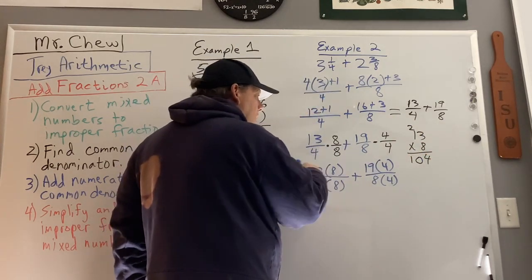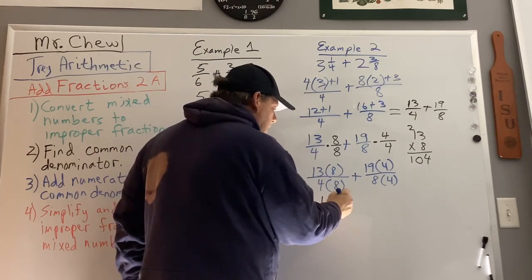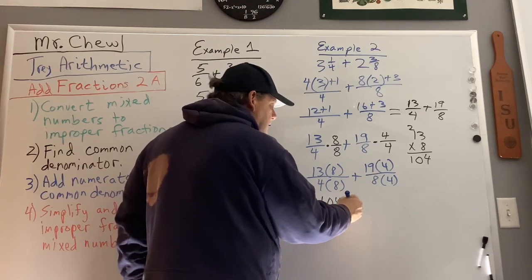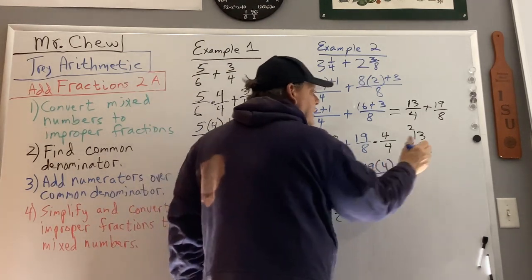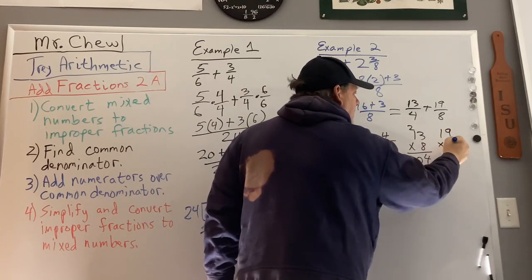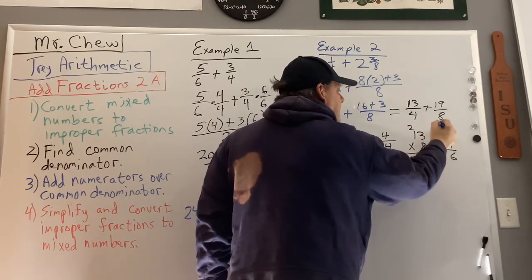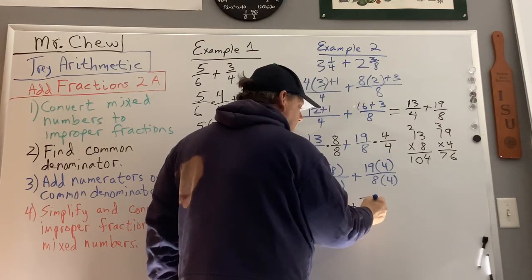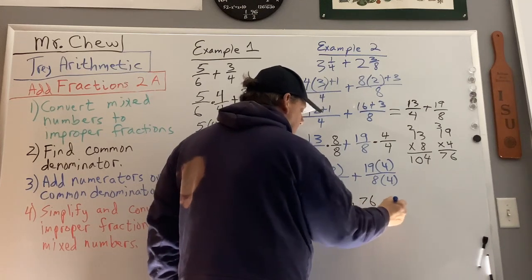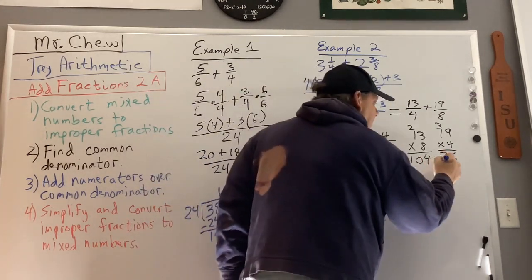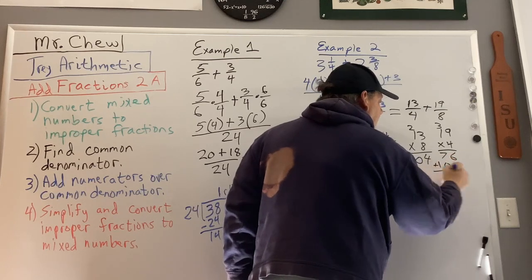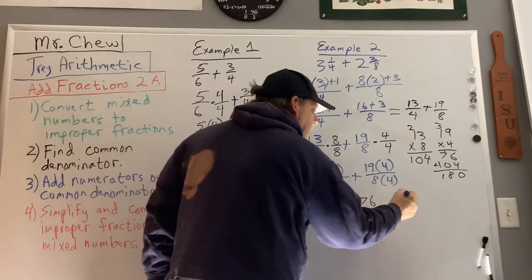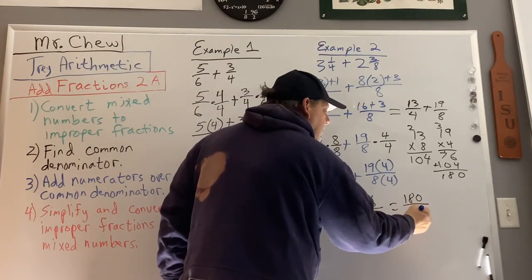So this is 104 over 4 times 8 is 32. And now I can take my 19 times 4. 4 times 9 is 36, carry the 3. 4 times 1 is 4, plus 3 is 7. So it's 76. So we've got 104 plus 76. So I can add these up now: 180 over 32.